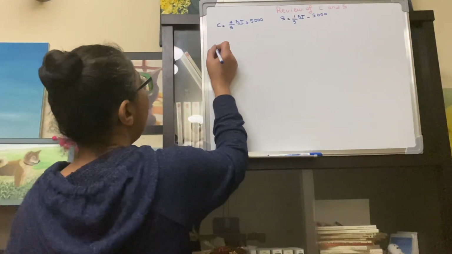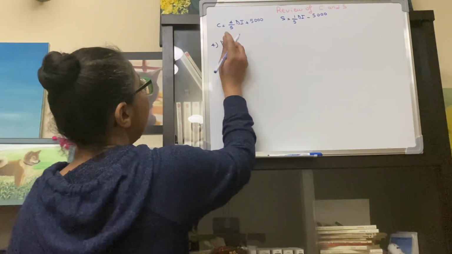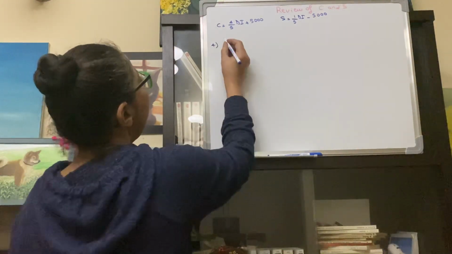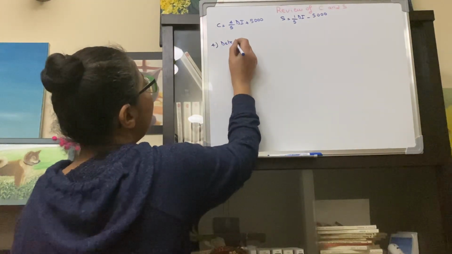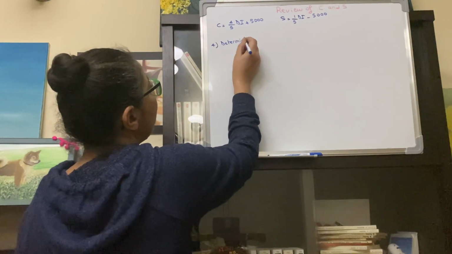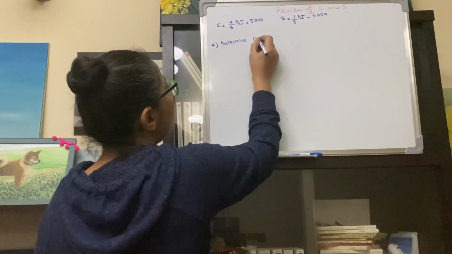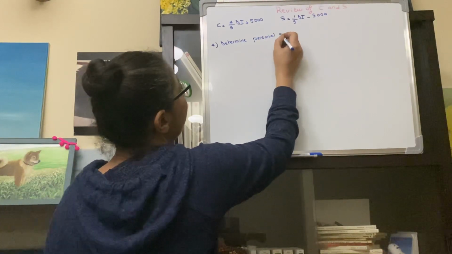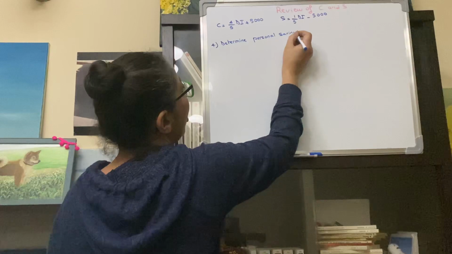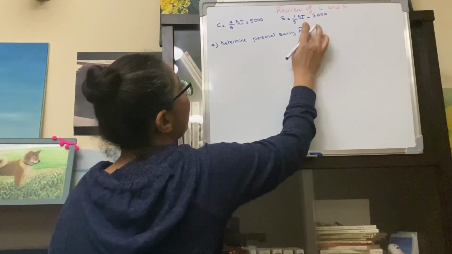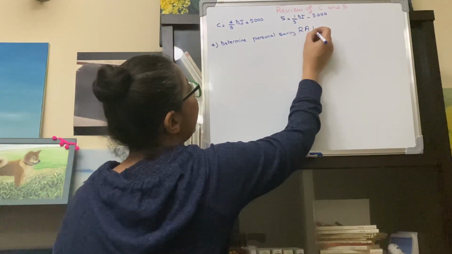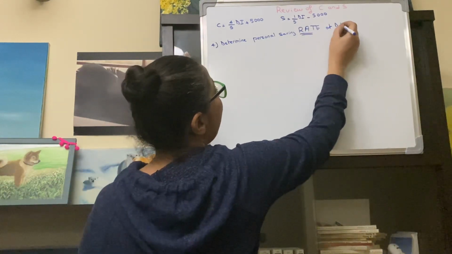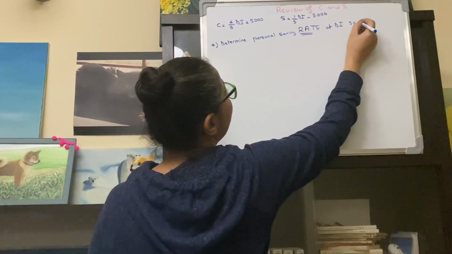So question 4, determine, oops, my handwriting, please, come on. Determine the personal saving rate, guys. I'm gonna write it big, rate at DI 50,000.